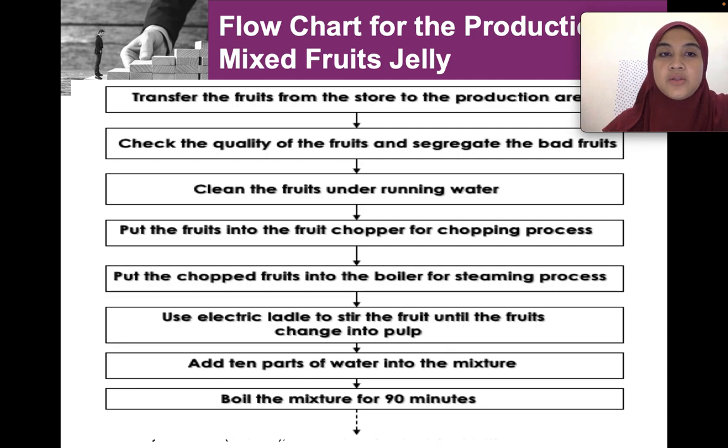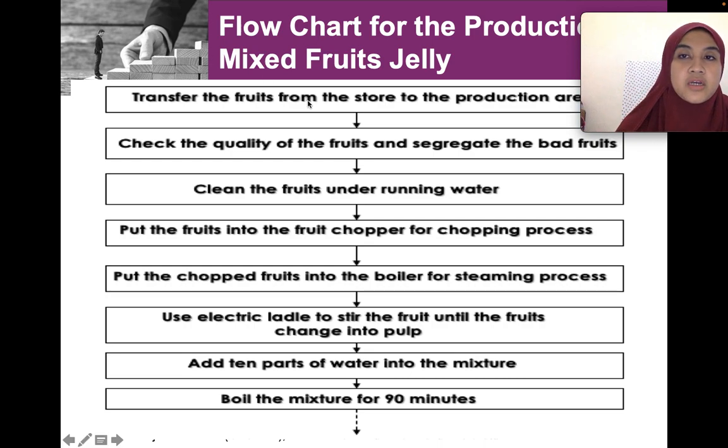As for the flow chart, you just need to identify the steps taken in the process of producing the product. You don't need to put symbols under the flow chart, just a small arrow to show the sequence of the processes.